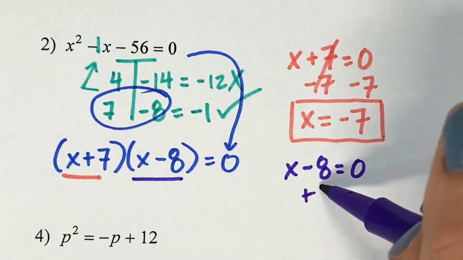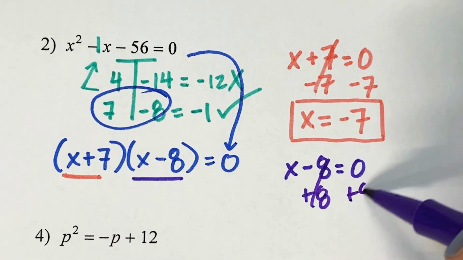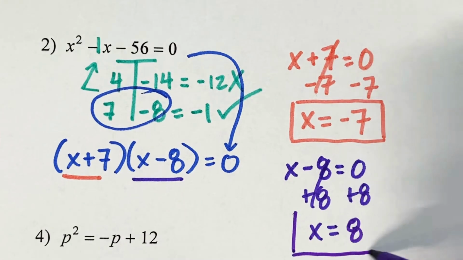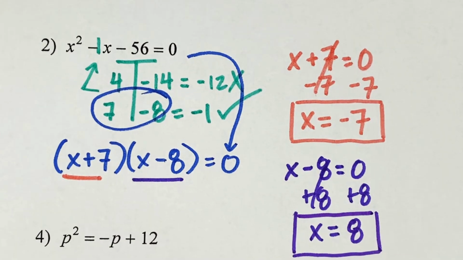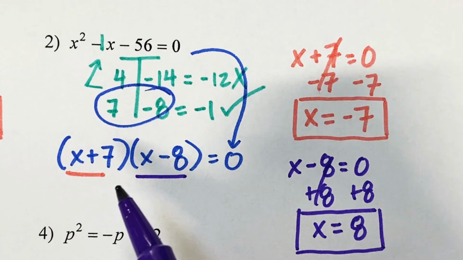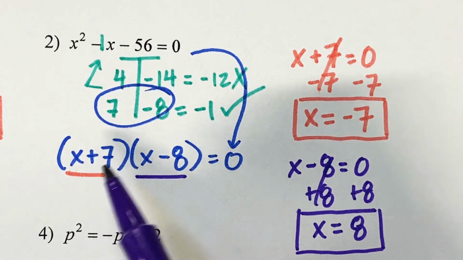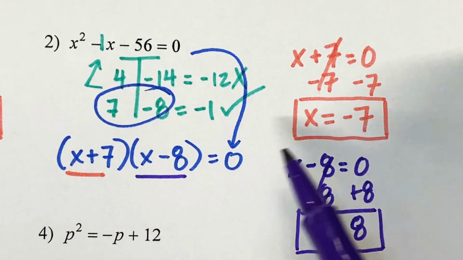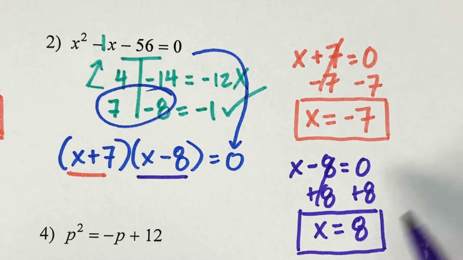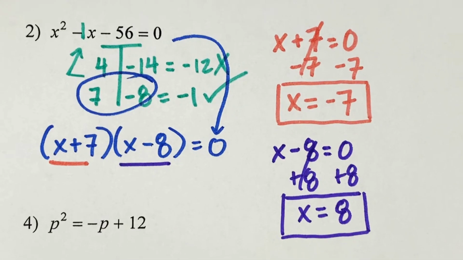Opposite of -8 is +8. So my second answer is x equals 8. Two answers. Okay, remember, you can always say the opposite of +7 is -7. Opposite of -8 is +8. And there we go.